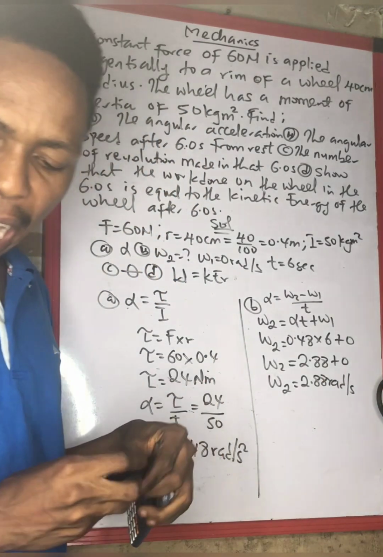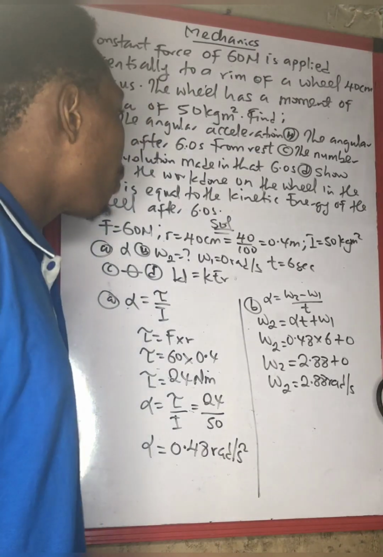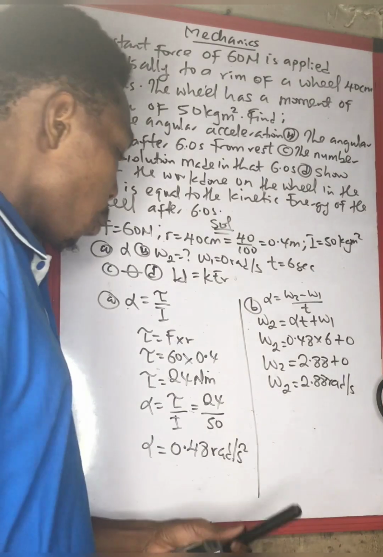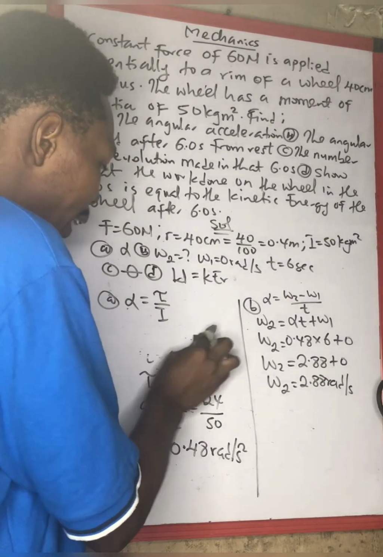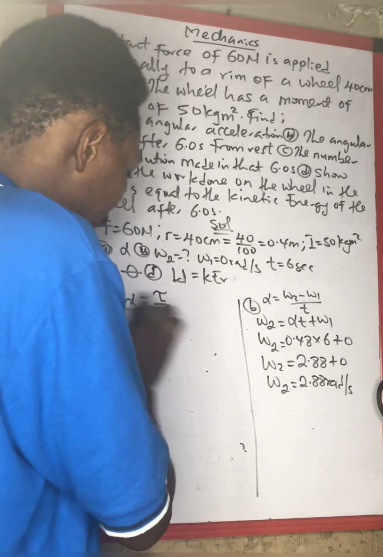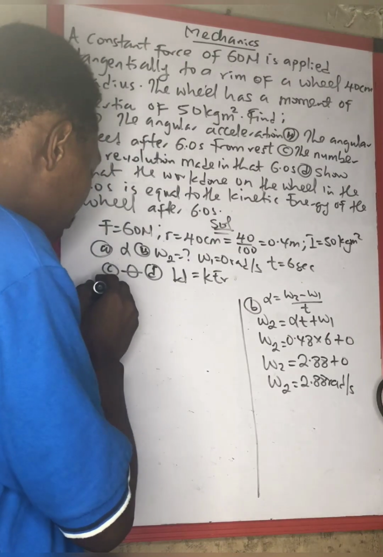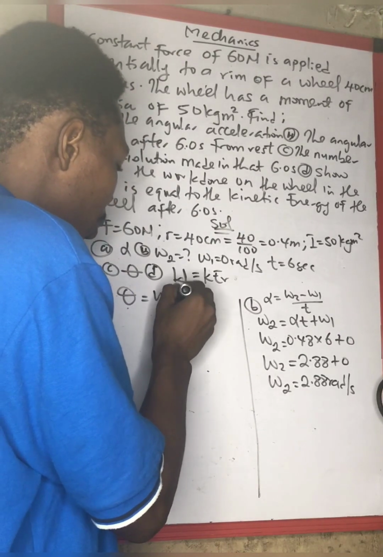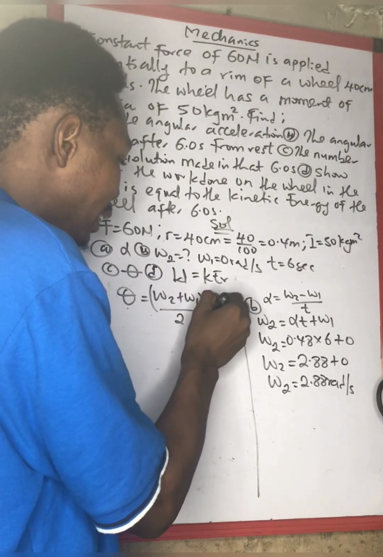Now that we've gotten our W, the next question is we're asked to look for theta, which is the number of revolutions. This time around, in looking for theta, which is the C part of it, our theta is equal to W2 plus W1, all over 2, then times time.